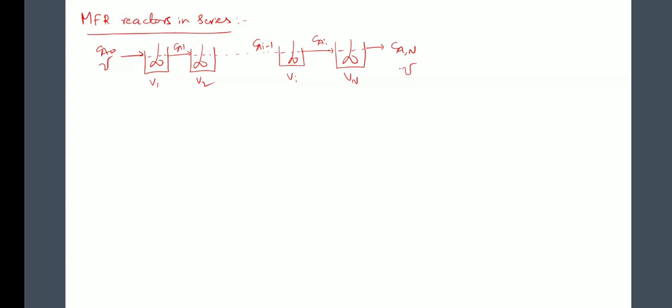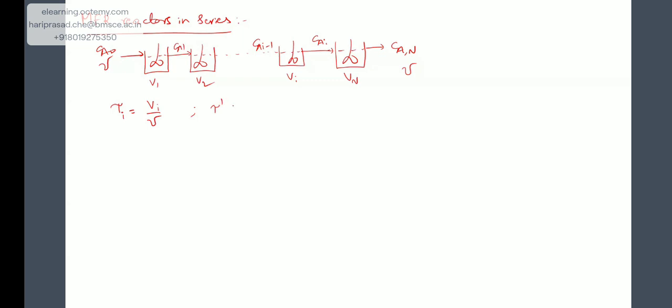So for the individual time constant, let me consider the formula for tau i, that is space time, volume by volumetric flow rate. So for the individual time constant, it is Vi by volumetric flow rate, because here there are n number of volumes. Similarly, I will represent one more time constant, that is tau dash.